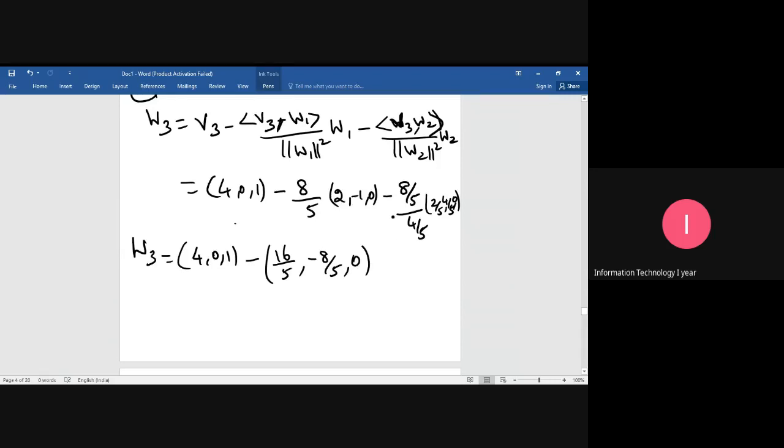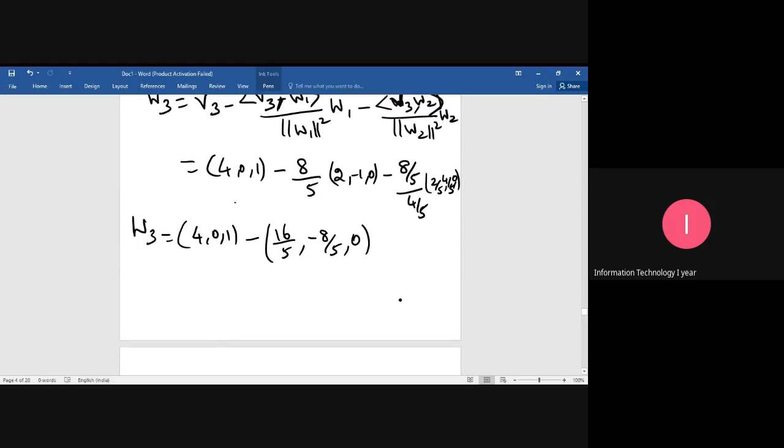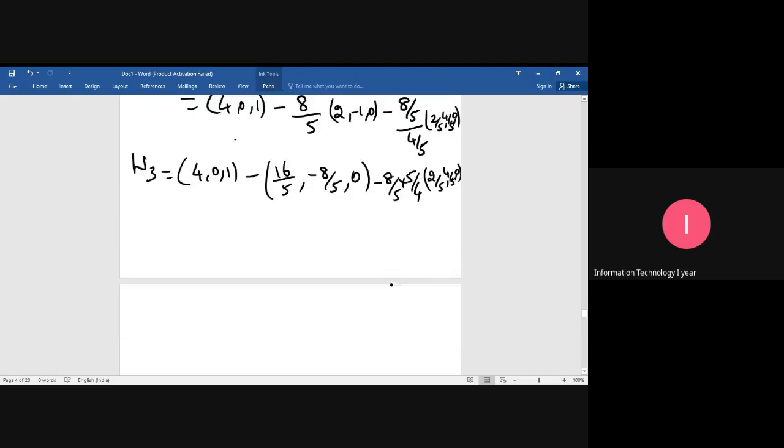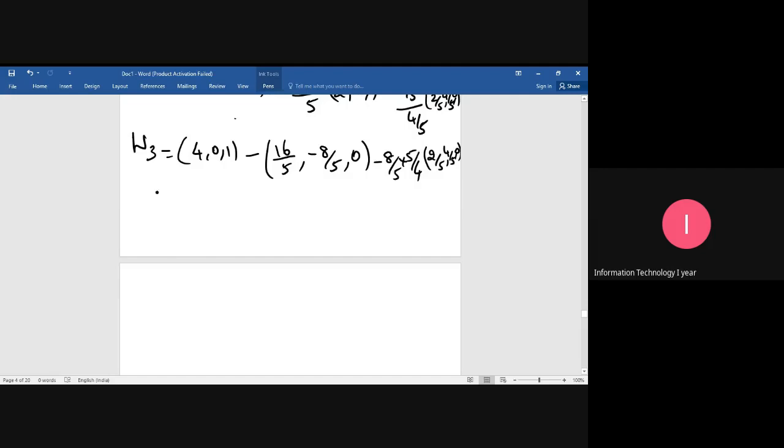Then minus 8 by 5 into 5 by 4 times the vector 2 by 5, 4 by 5, 0.